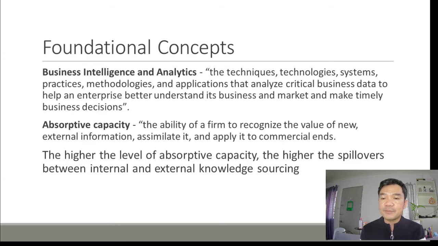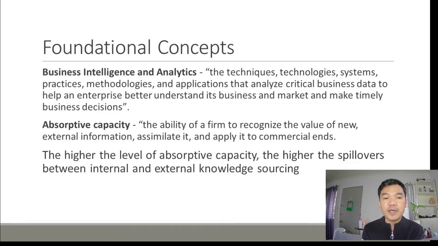Unfortunately, business intelligence is viewed as very broad, relating to business decisions, and it can be anything, as the definition said. It can be anything as long as it helps you analyze data that will help the enterprise understand its environment, to help make timely decisions, or effective decisions. In this case, it's timely, efficient decisions.